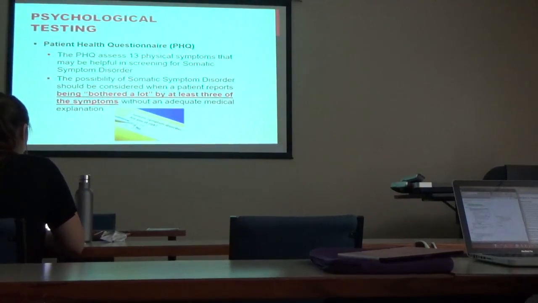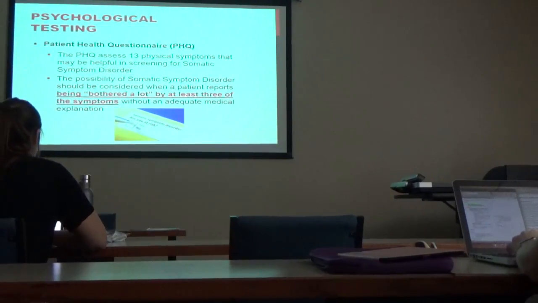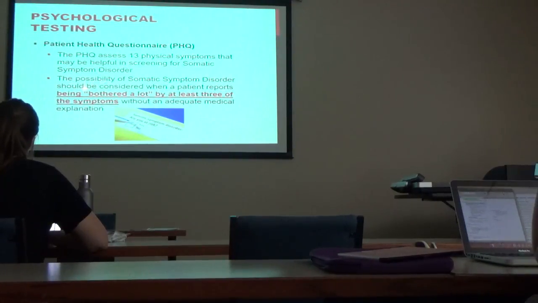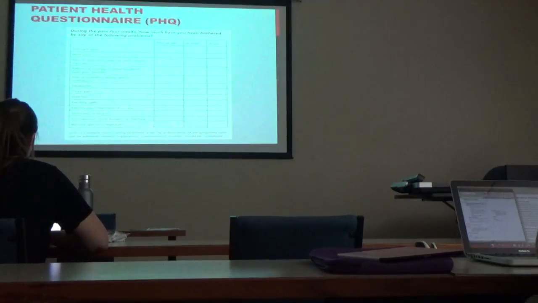I've got an example on here, and I've got a full one that I'll post on your D2L site. I don't expect you to know all of that. Just know there is a PHQ that screens 13 physical symptoms. The possibility of somatic symptom disorder is considered when a person marks bothered a lot by at least 3 of the symptoms without an adequate medical explanation.